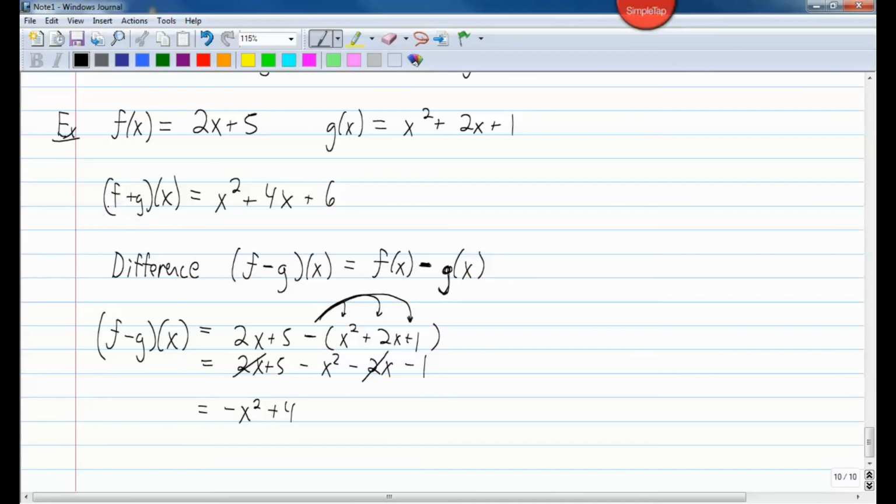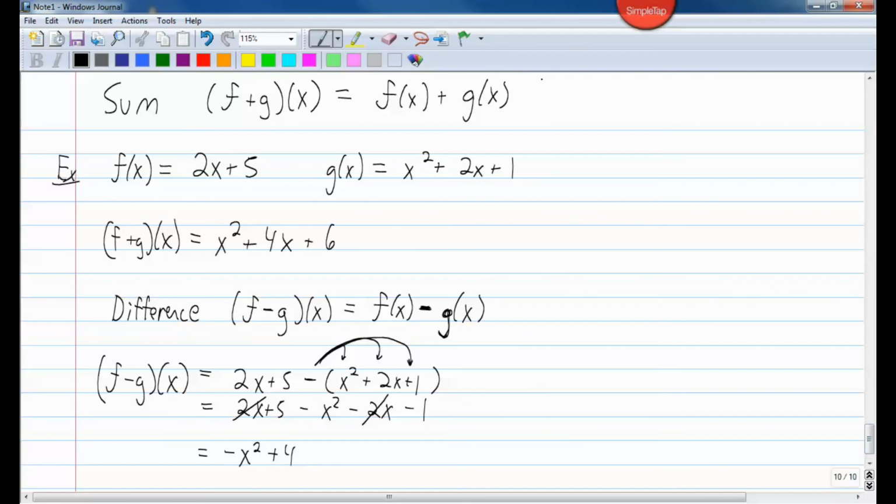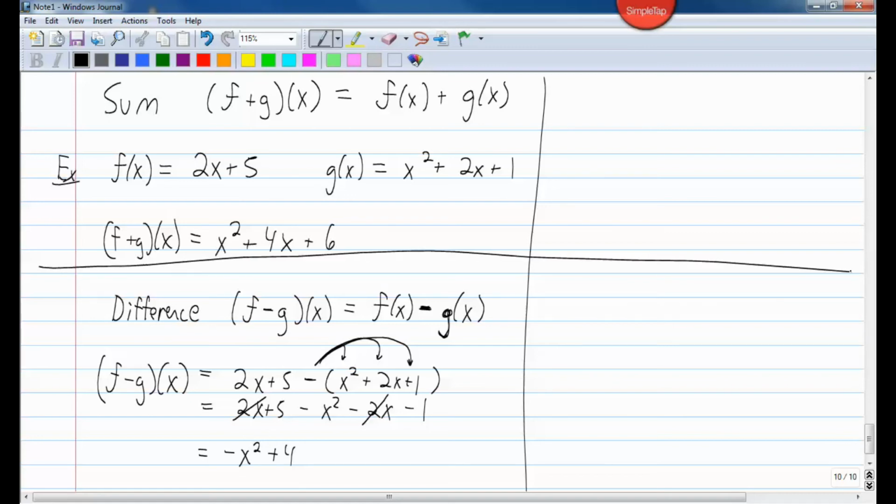Adding functions, subtracting functions. Okay? Two more properties. We went over the sum, we went over the difference, now the product.